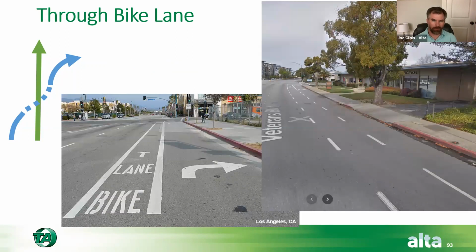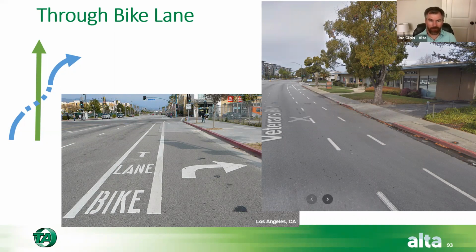Here's a couple of examples of this. However, the problem comes from the fact that a lot of bicyclists feel safest next to the curb. They like having a curb there to provide them with some level of comfort that nobody's sneaking up on them from that side. And we've seen this both in video observation of different facilities and in surveys where people have talked about how comfortable they are.